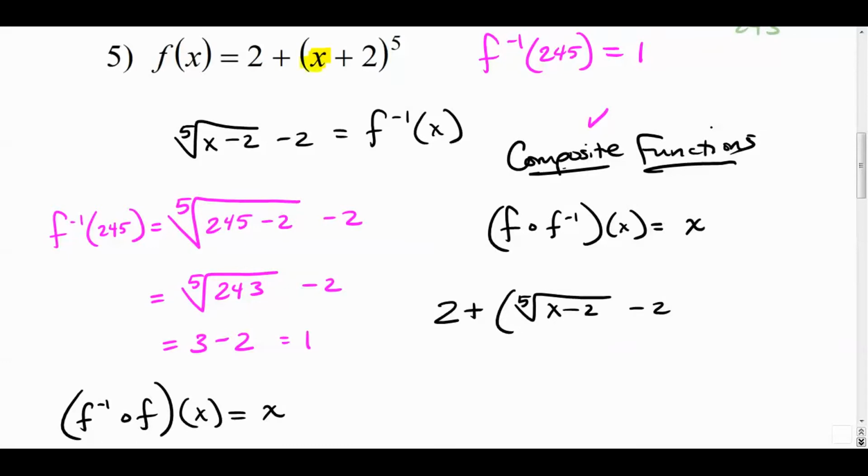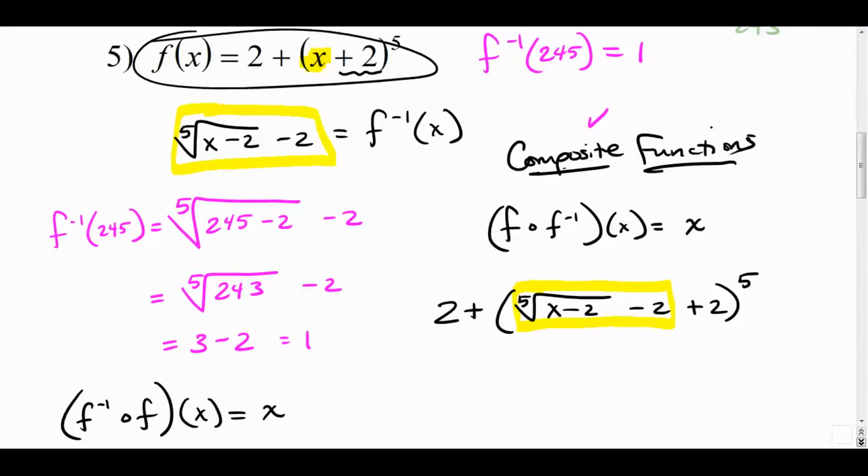What I'm doing is I'm replacing x with its inverse. So this right here is the inverse. But we also have another plus 2 right here, and then that's raised to the 5th. So I rewrote this entire original function, but instead of x I put in this substitution. That's how we compose functions. So let me erase that now and we'll simplify.